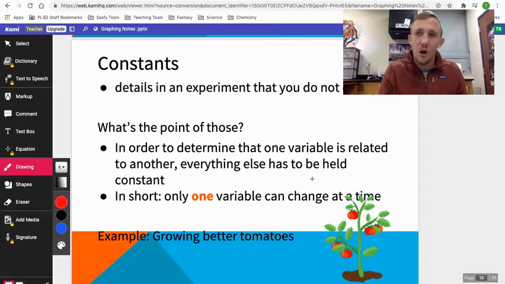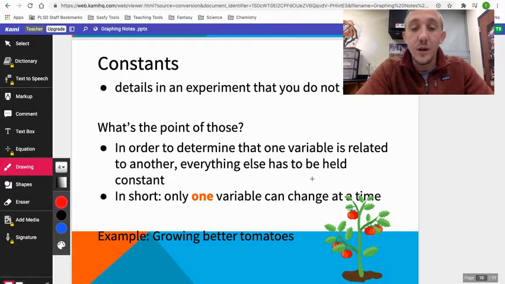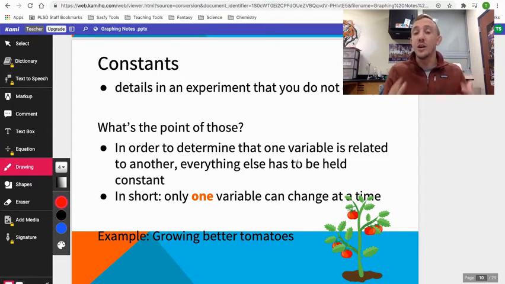But if I change my water and my light, and then let's say my tomatoes grow bigger, I now don't know which one is causing the change between my grow light and my water. Okay, so I have to make sure I have constants. Okay, in short, it's the only one variable that can change at a time. Okay, and the reason being, it's to determine that one variable is related to another.